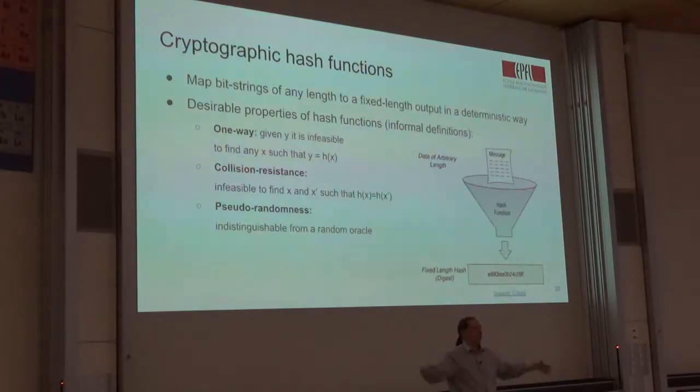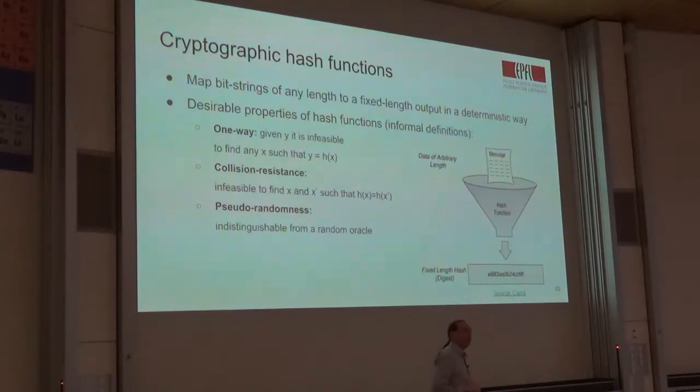I'll construct something, and then reverse engineer, go backwards to find an input that produces that output. Then I could create any block I want. I've broken Bitcoin as well as the hash function, right? So that's an example of where one-wayness is important.